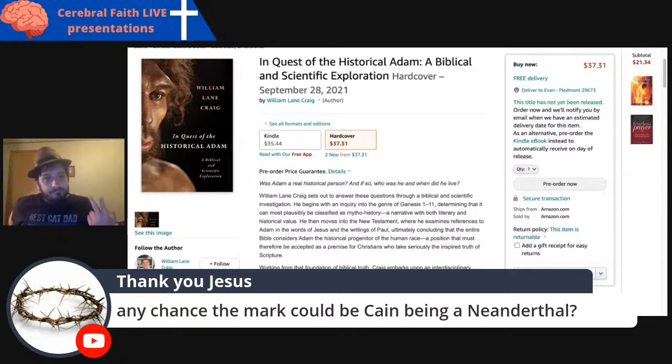Second reason I like this hypothesis is that it gets Adam in the right place, the Middle East, unlike the out of Africa model, in which you've got the Homo sapiens in Africa, not anywhere close to the general area where the Garden of Eden probably was.